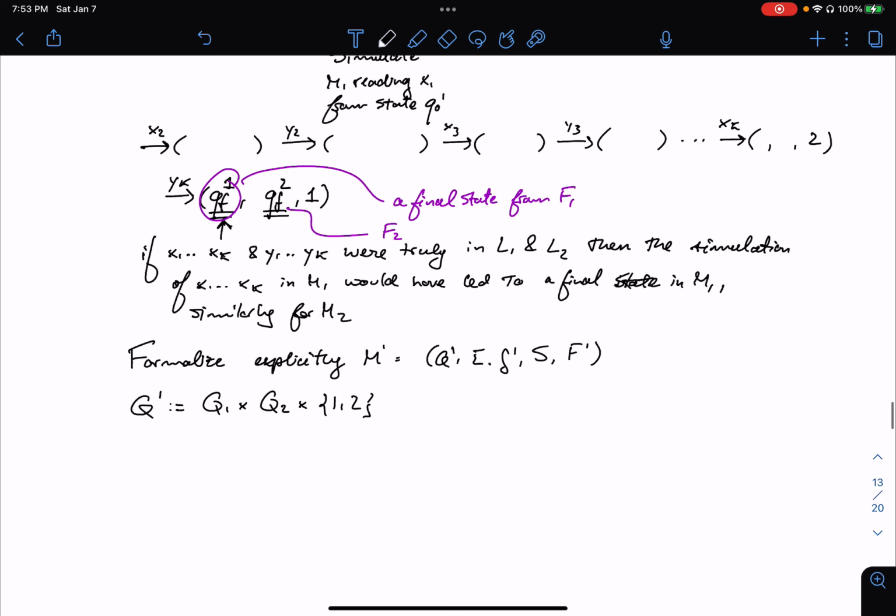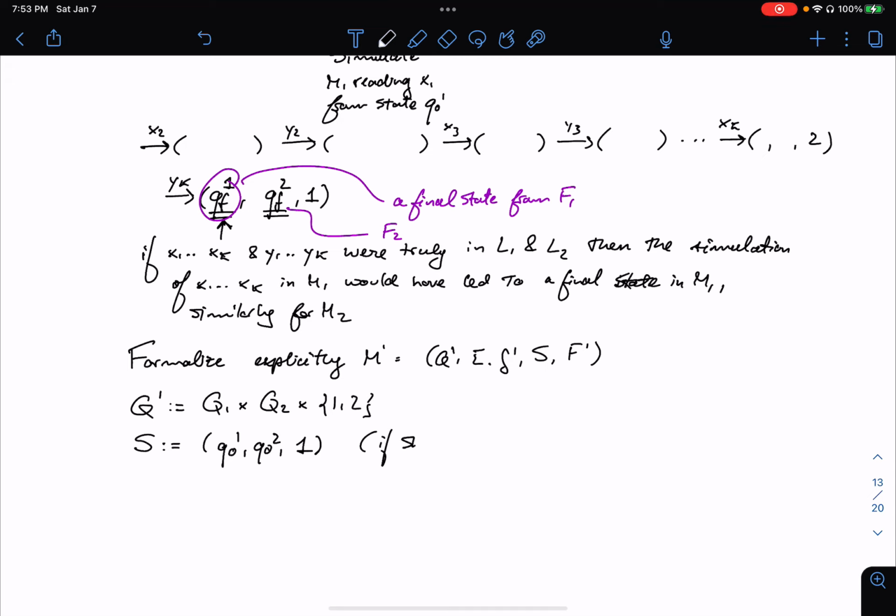Okay. Then the start state should be, so I should start at the start state of M1 and the start state of M2, and I start my simulation, because it's shuffle L1, L2, in the machine M1, right?